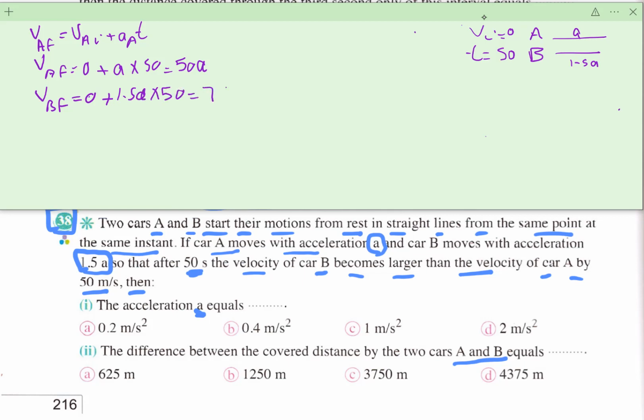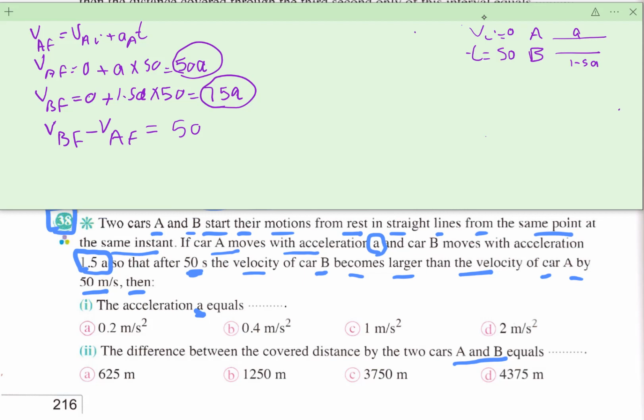So 75A. Right, guys? He said, which one is larger? B, right? Let's read it. So that after 50 seconds, the velocity of car B becomes larger than the velocity of car A. So VB final minus VA final equals 50 meters per second.